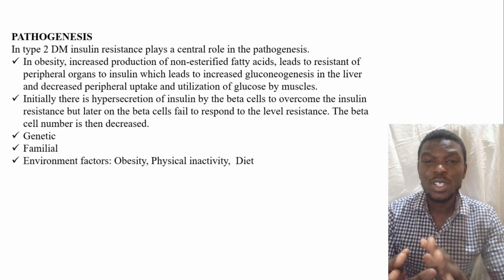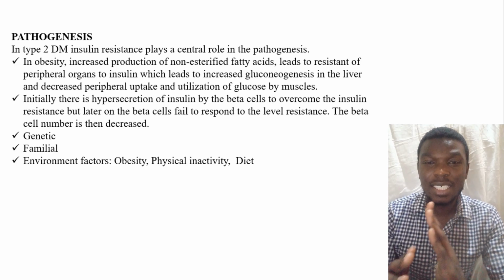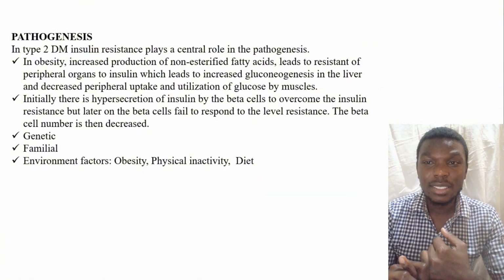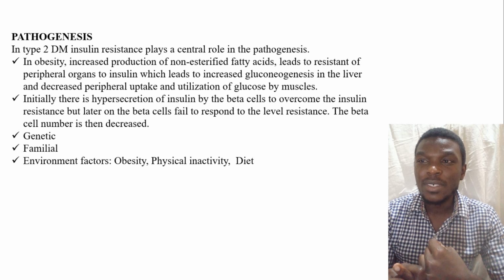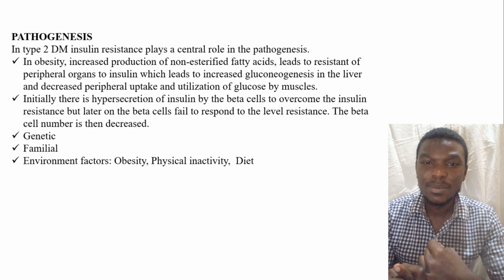So the pathophysiology of these guys, remember we have said that it's common in obese patients. What happens is that there's an increased production of non-esterified fatty acids, which leads to resistance of peripheral organs to insulin.